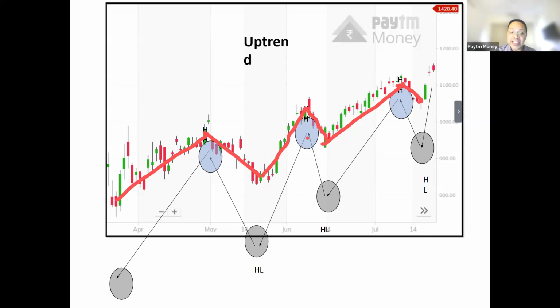So in an uptrend, what is your trading or investing strategy? What is your strategy in an uptrend? You should buy at the end of the correction and at the beginning of the impulse move. Absolutely, right? Buy low.